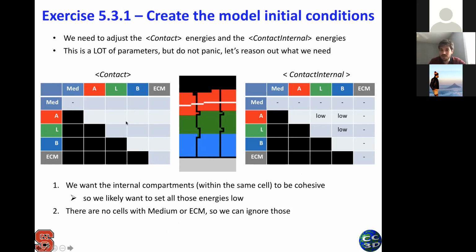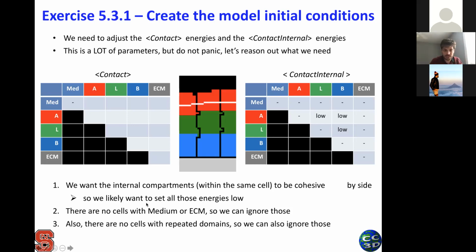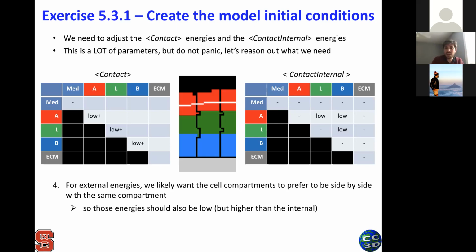If they're high and everything else is low, they'll be detached. Yes. So everything here is relative to what the other energies have been chosen, right? But let's go side by side. The cells like to align their apical with the lateral and the basal, so you know that they should like this. That also should be low, but maybe a little bit higher than what you had for the internal.